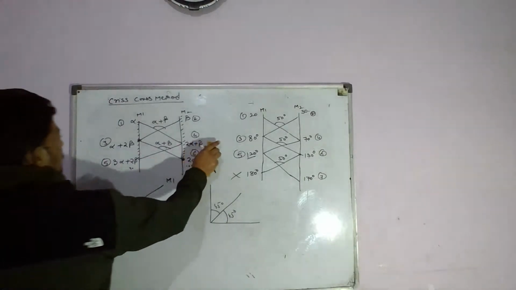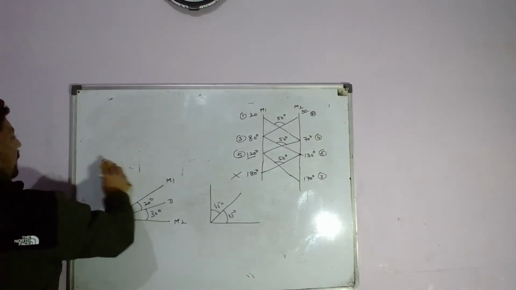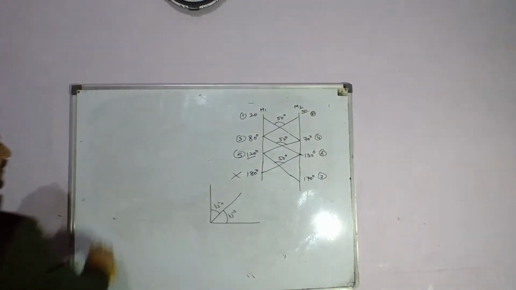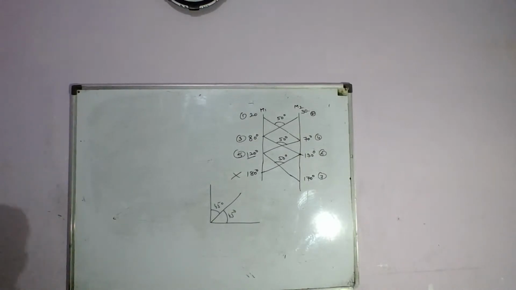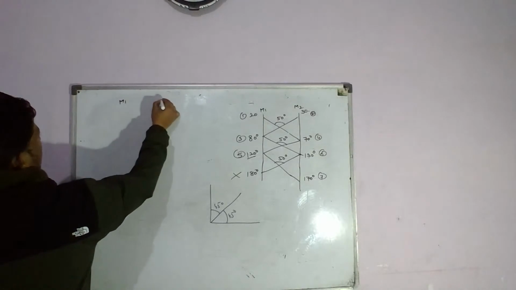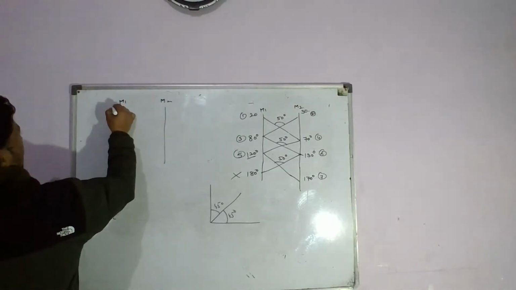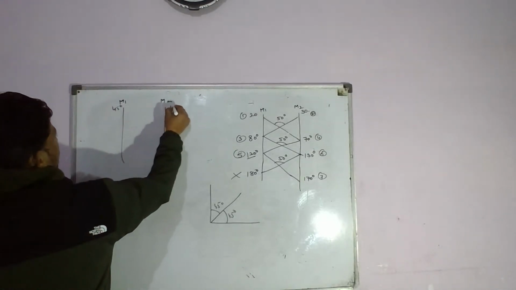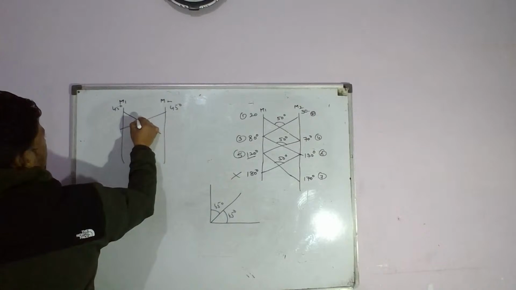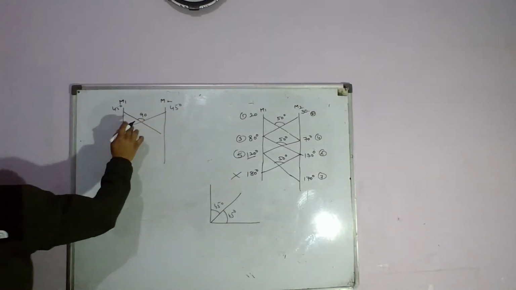Just understand the concept thoroughly. 45, both the angles are the same. 45, 45. So M1, M2, 45, 45. So 45, 45, 90. Or 90 and 45.